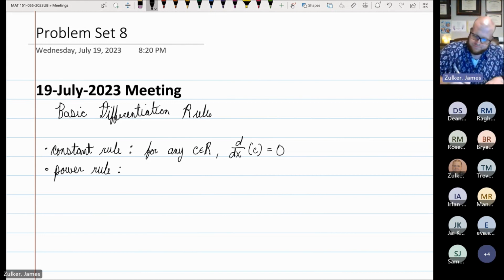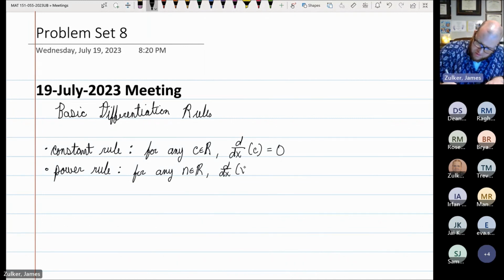Power rule. For any real number n, the derivative of x to the n is n times x to the n minus 1.